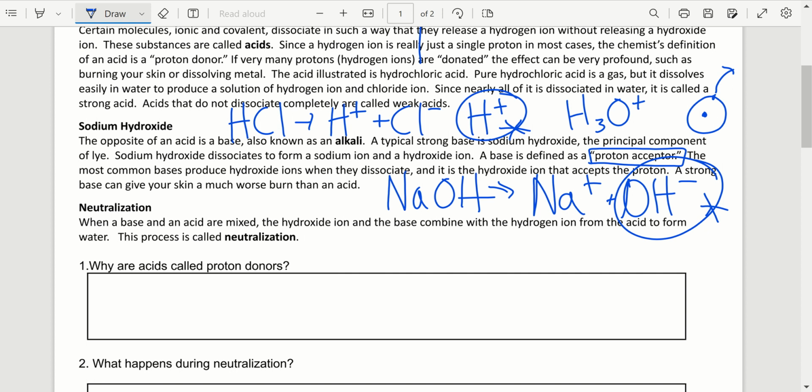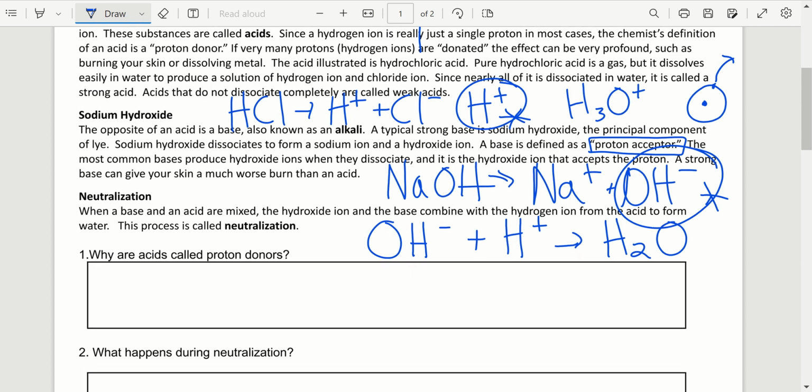Now, when a base and an acid are mixed, the hydroxide ion from the base combines with the hydrogen ion from the acid to form water.